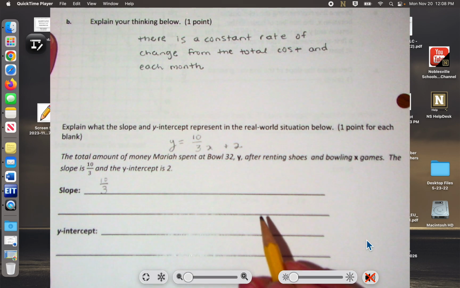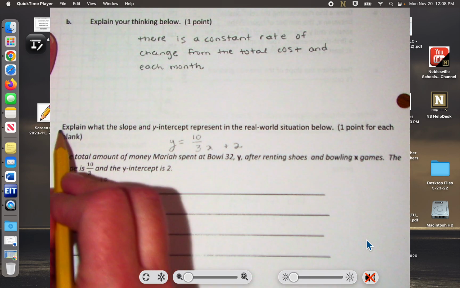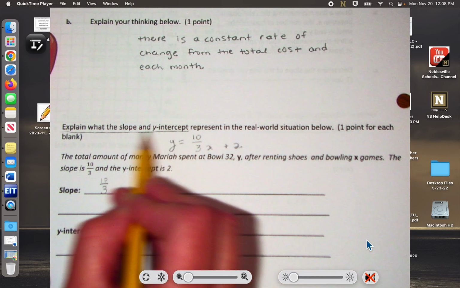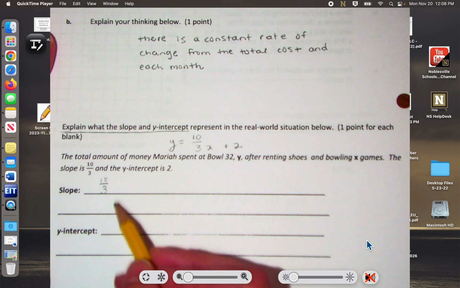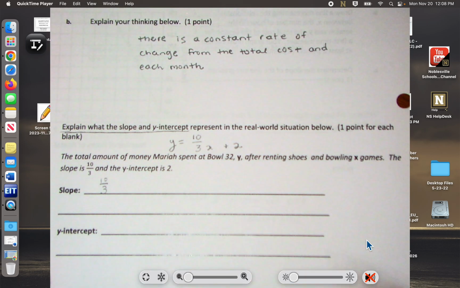But they want us to figure out what they actually mean. We're going to explain what they mean. So what does that 10 stand for? 10 what per 3 what? Can we get 3 and 1/3 repeating over 1?